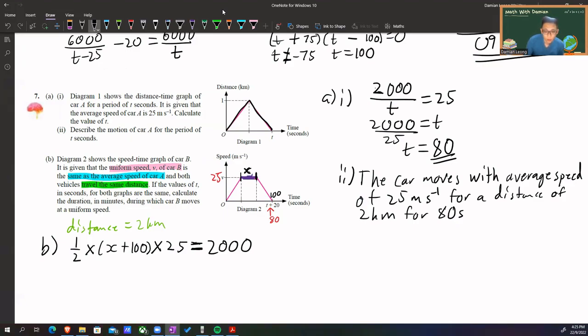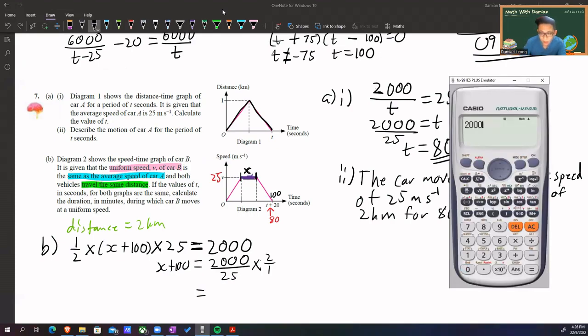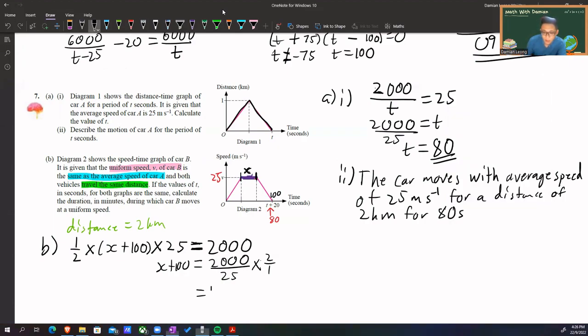Let's get rid of 25 and 1/2. 2000 divided by 25, then times 2, is 160.